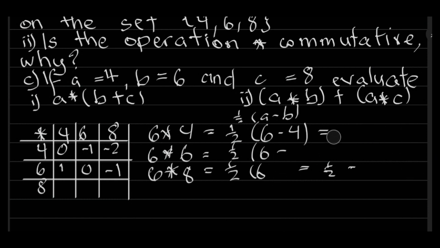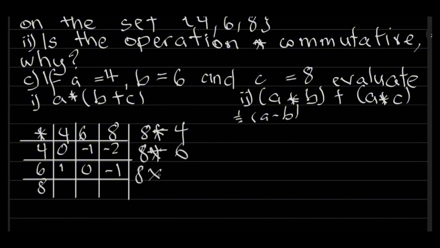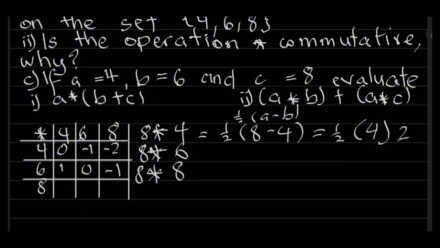Now let's go on and deal with our last line. That will give us 8 star 4, 8 star 6, 8 star 8. Now this would give us half 8 minus 4, and that will give us half of 4, which is 2.